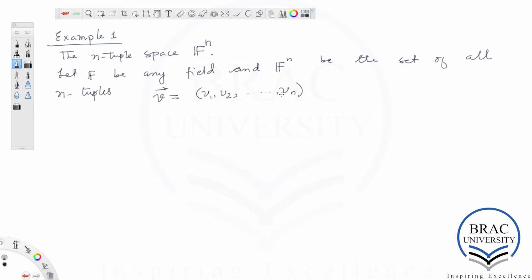So each of these components takes its value in the field.